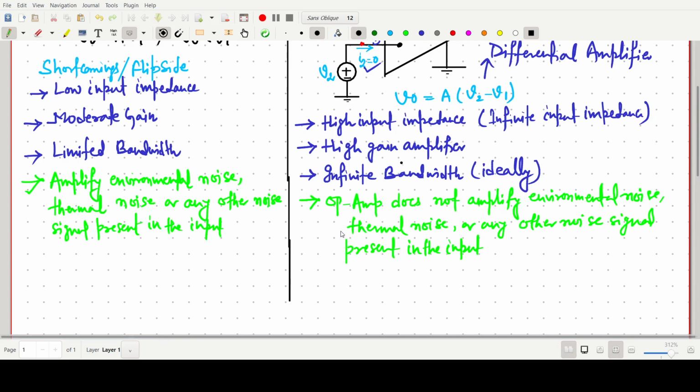That's why the op-amp is also very useful.